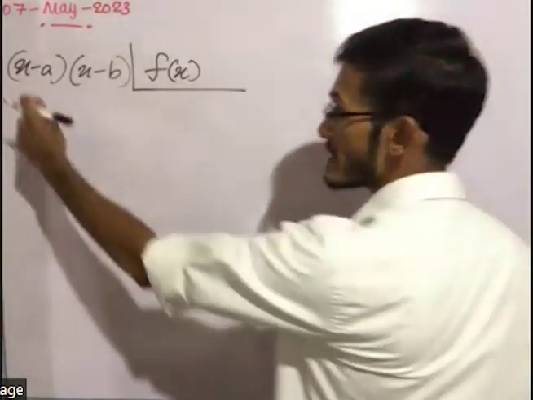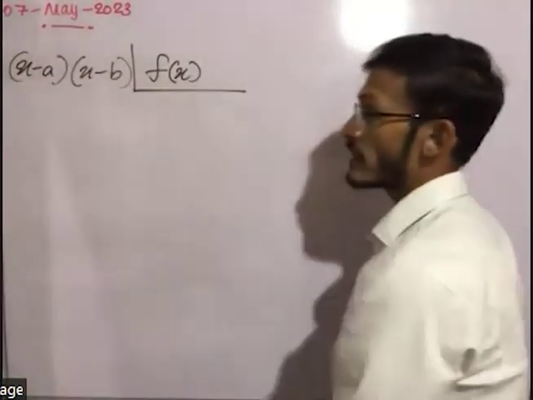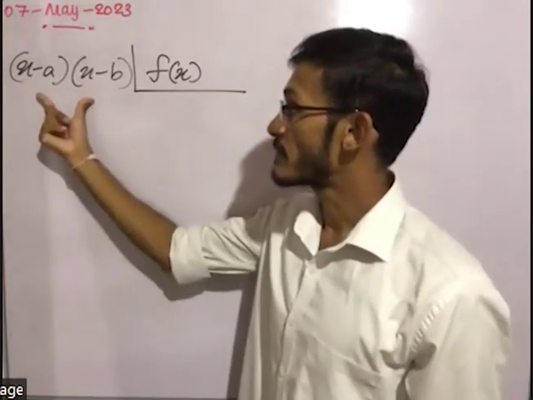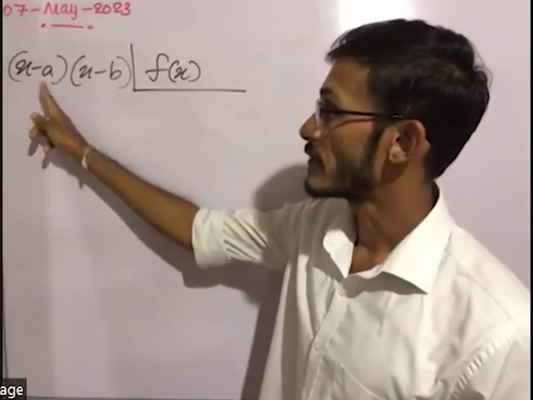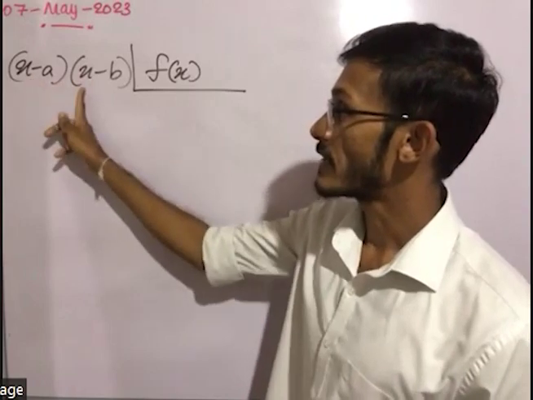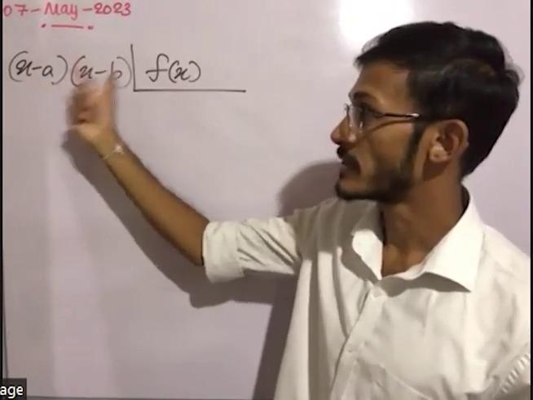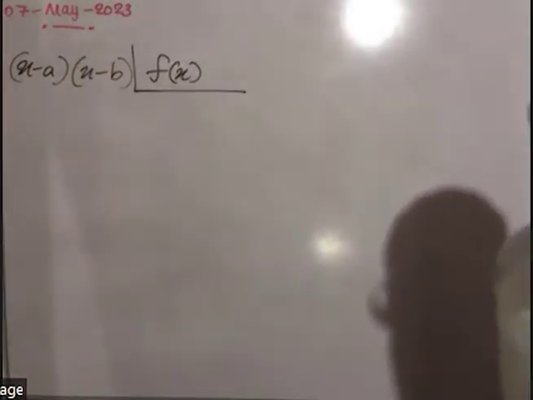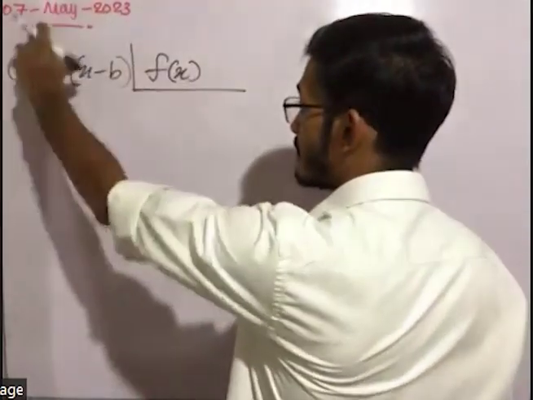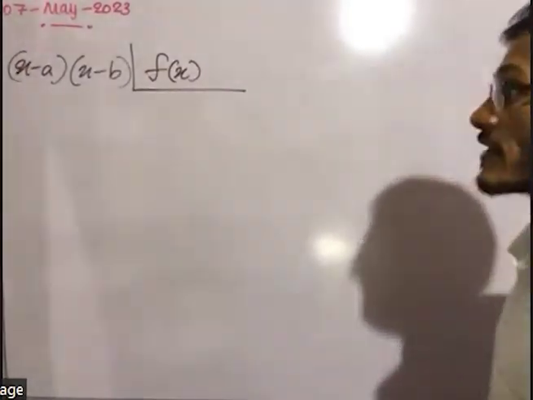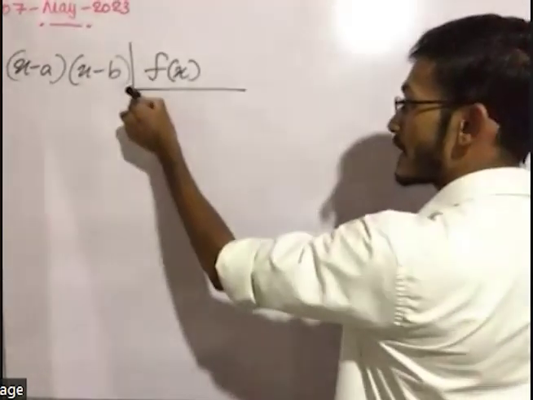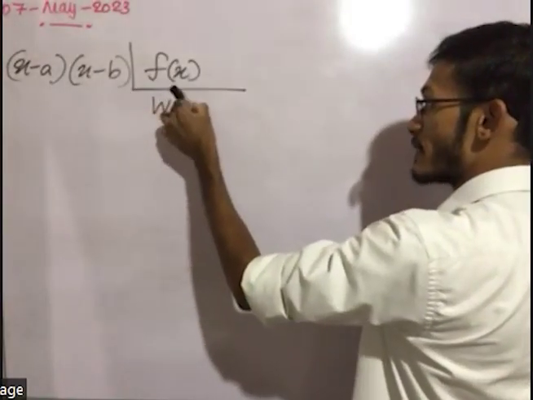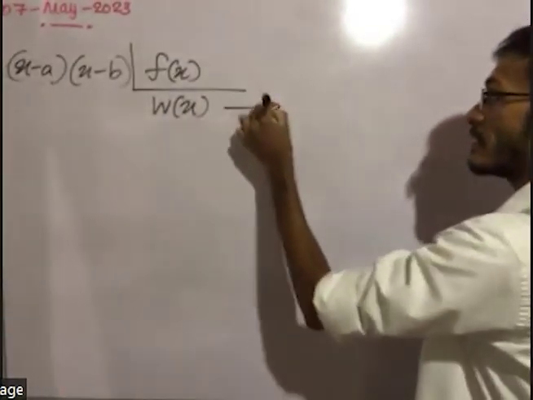So (x minus a) into (x minus b), this is a quadratic expression. There are two factors. If you multiply, we have an x square term, an x term and a constant term. So this is a quadratic factor. So we are dividing this polynomial by a quadratic function. So I will write the quotient as w(x), then the remainder.